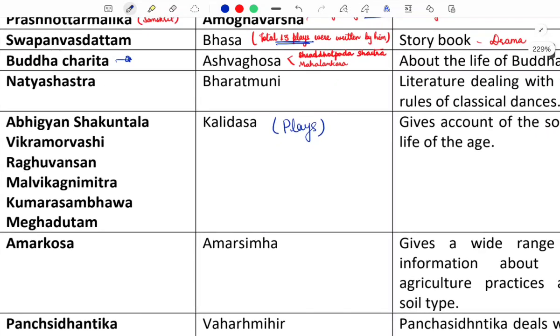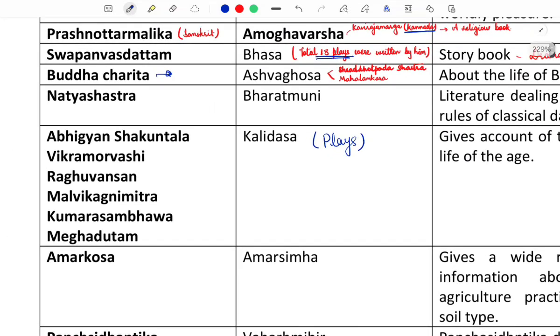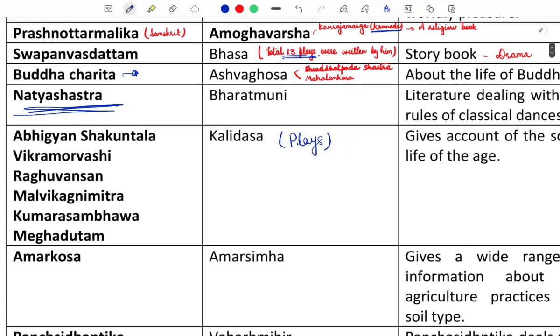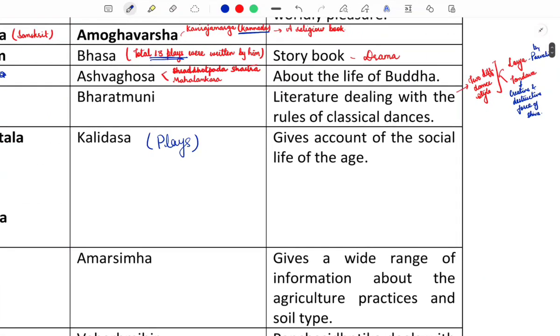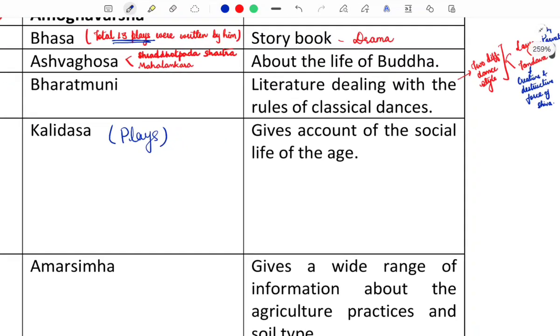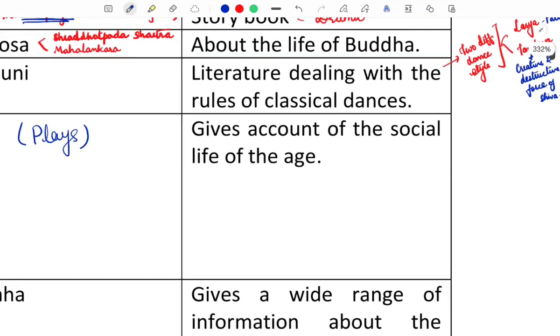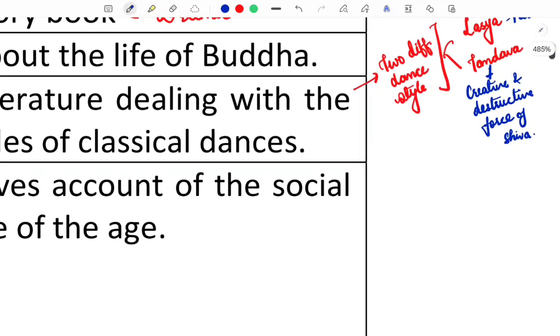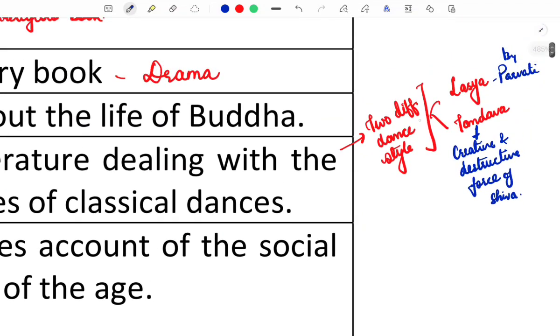Natya Shastra, you must have heard about this text. This text has detailed accounts of the classical dances: how the classical dances evolved, and the rules and other aspects of dance, written by Bharat Muni. In this text you will see that two different types of dances are discussed.